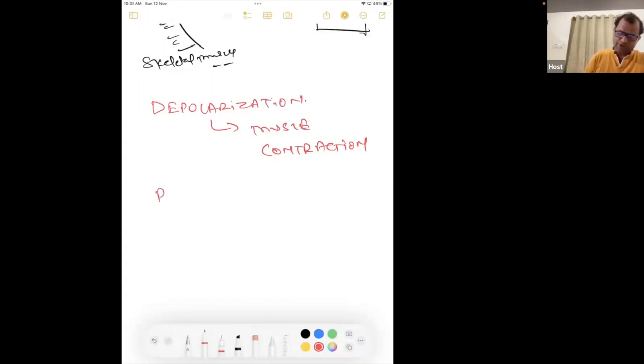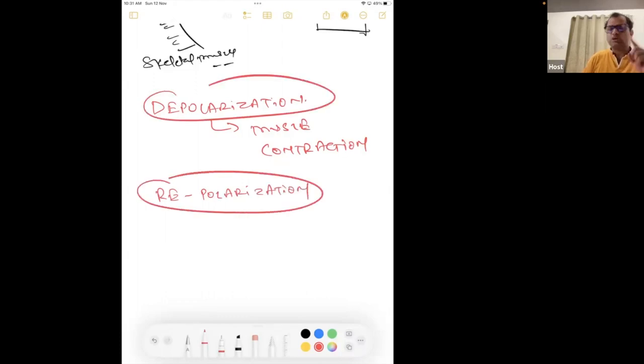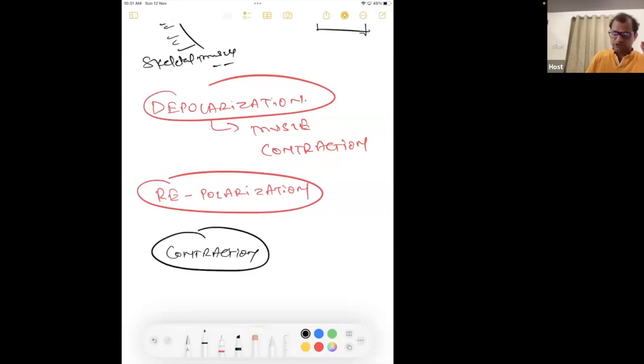So what is the difference between depolarization and repolarization? In the muscles, one person is always responsible for contraction. What is the name of this person? The name of this person is sodium.